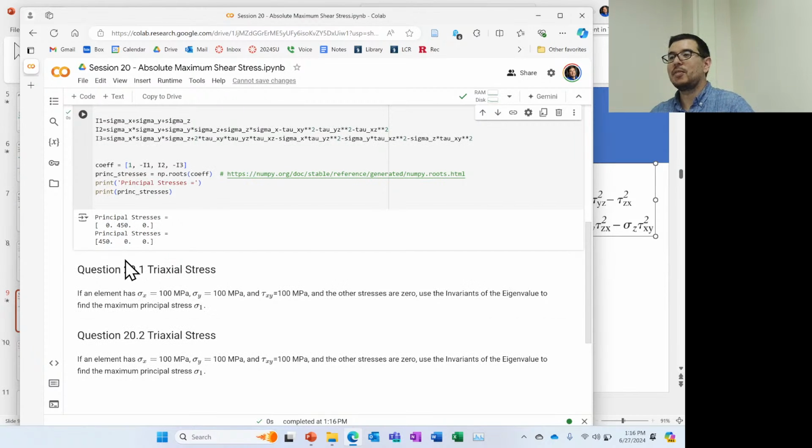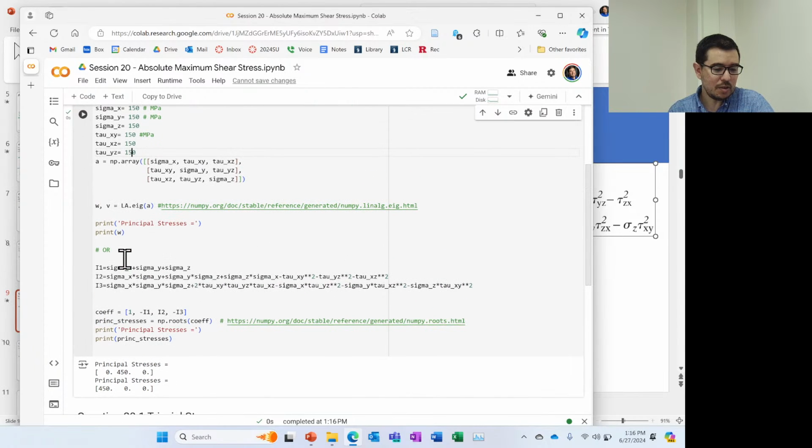So what's the pattern that we see here? It's 3 times whatever your initial number was. Right. So if you are given an element where all 6 stresses are the same value, it has this unique property of coming out with one principal stress. I don't know what the orientation is, but one principal stress that is going to be 3 times those values.